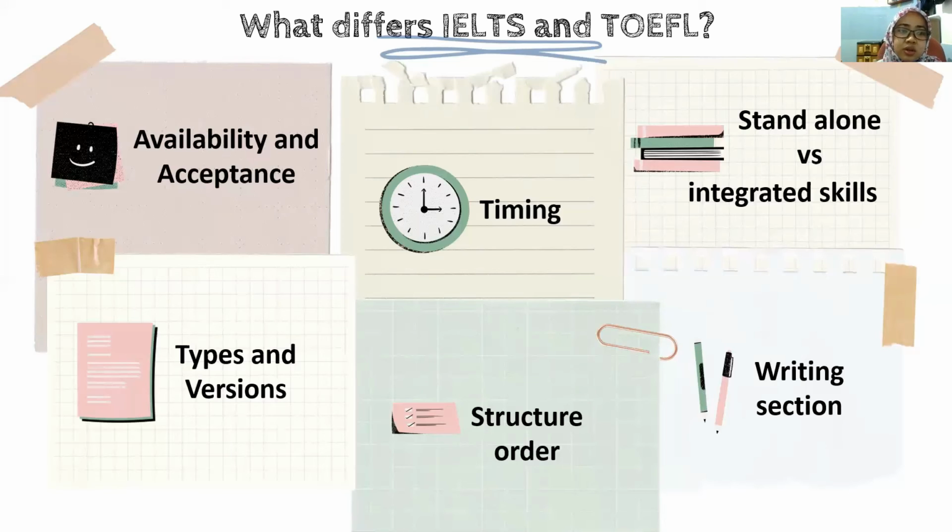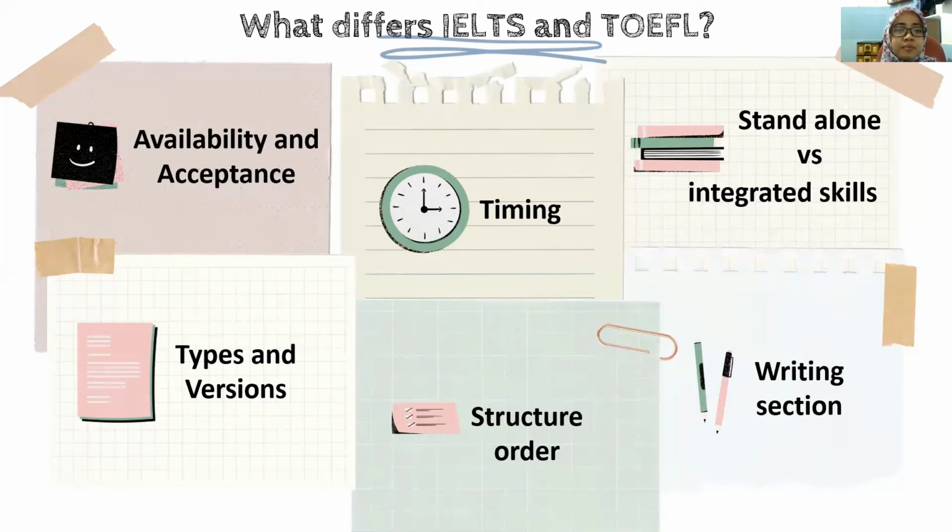Looking at the structure order, the TOEFL begins with the reading section, followed by listening, speaking, and writing. This means that TOEFL can be done in only one sitting, whereas in the IELTS, the order may be different for each test taker.